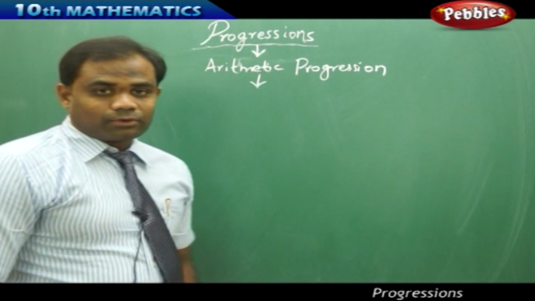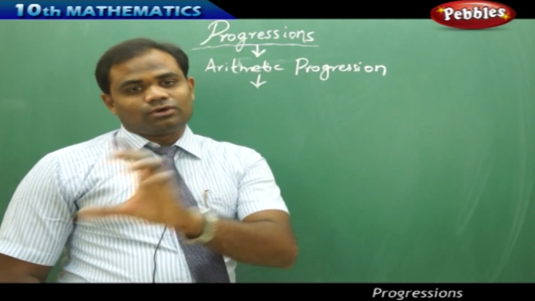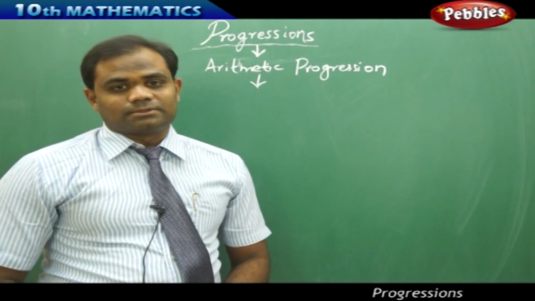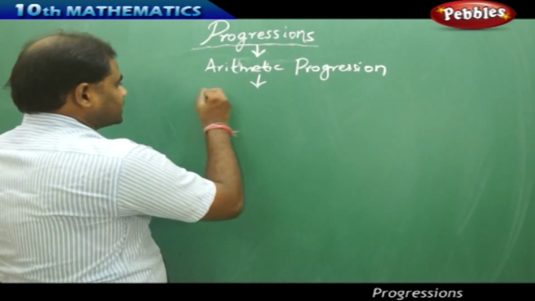So an arithmetic progression is a pattern in which a fixed number is always added to each of the terms. So therefore, to understand this more clearly, let's take the definition.